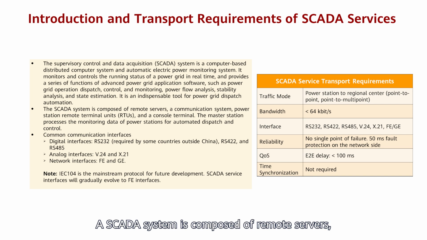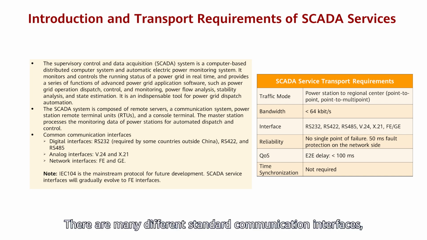A SCADA system is composed of remote servers, a communication system, power station remote terminal units, RTUs for short, and a console terminal. The master station processes the monitoring data of power stations for automated dispatch and control.